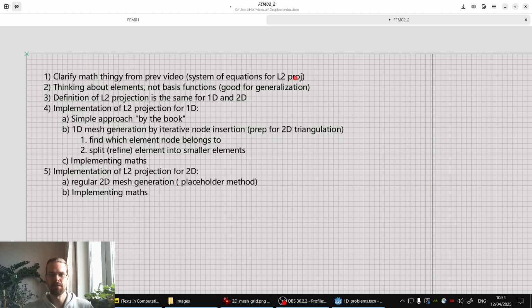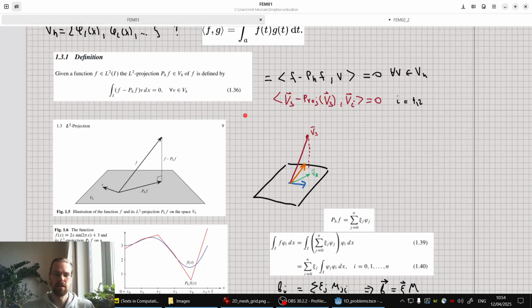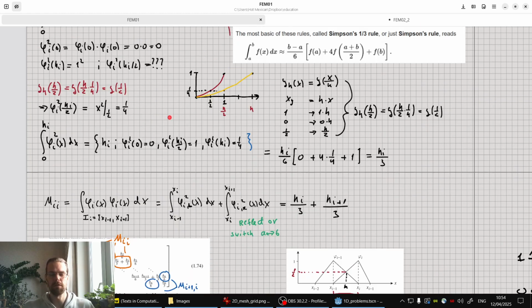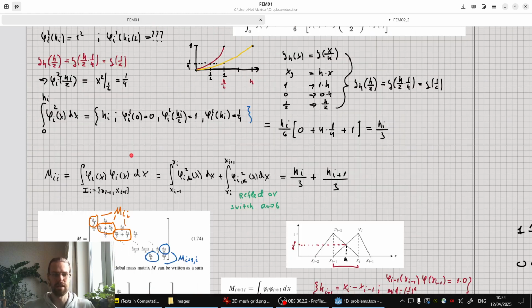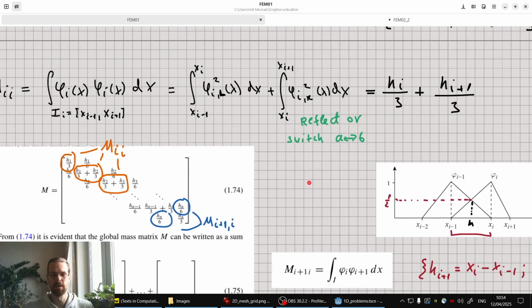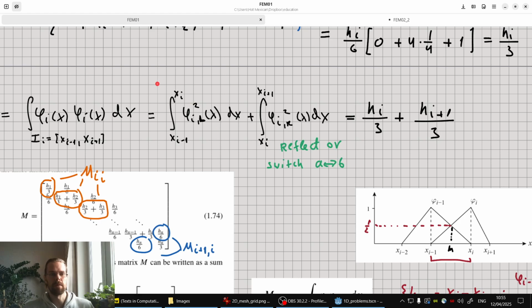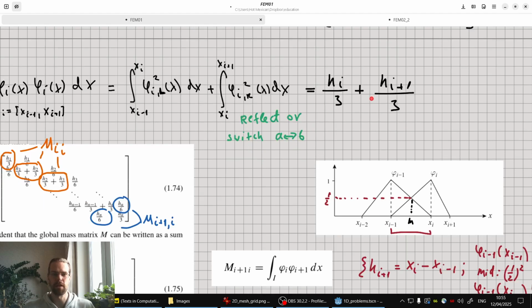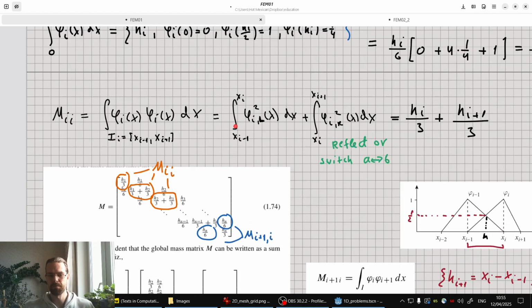So this is the first point, and now we move to something major. When I talked about this procedure of finding these coefficients from this matrix M and B, I focused more on the hat functions, and I was overly concerned about calculating both sides, because it's a piecewise function. One part of the function is on one element, another part is on another element, right? And then we calculated the whole integral.